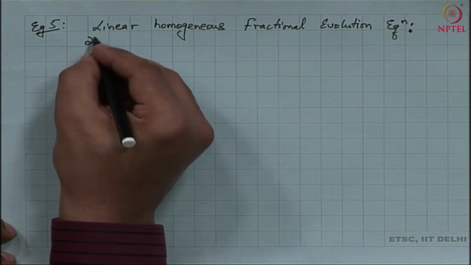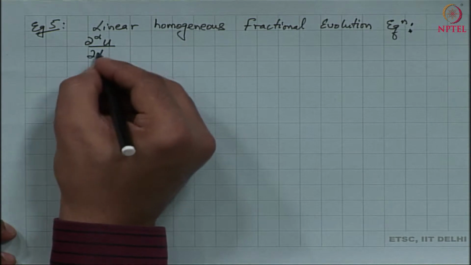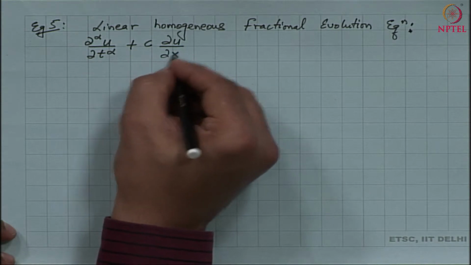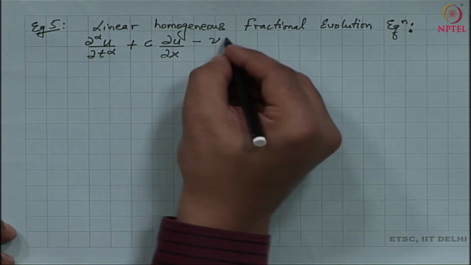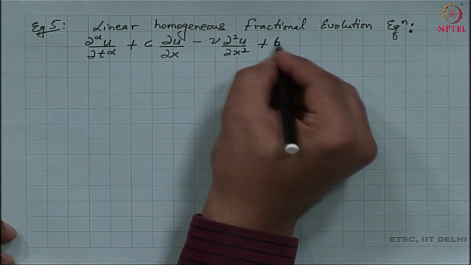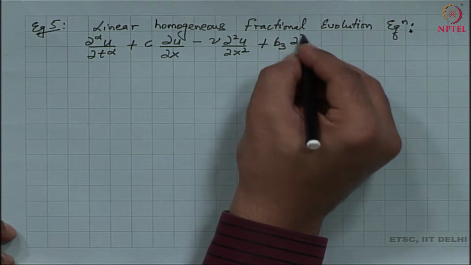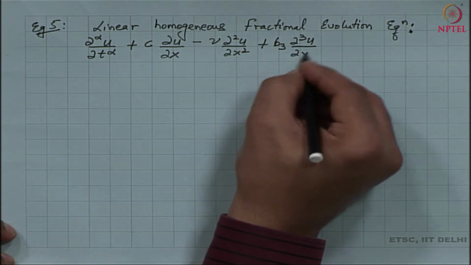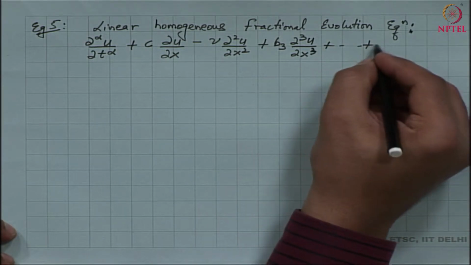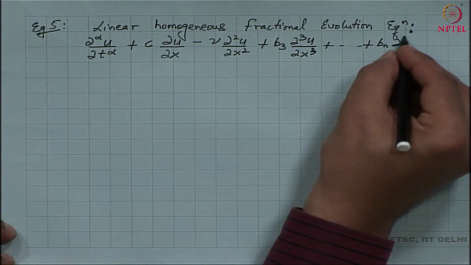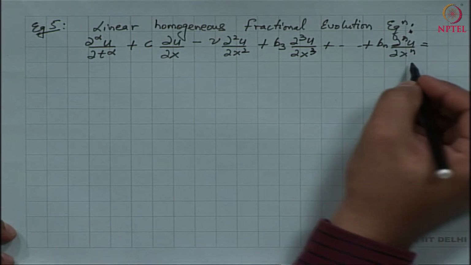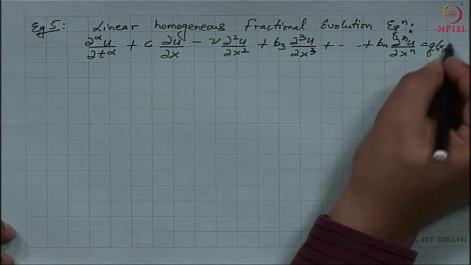So, the equation is as follows: this is the alpha-th derivative of u plus c times del u del x minus nu times del square u del x square plus b3 times, let me just include all different derivatives of u. So, third derivative and so on. Let me include the nth derivative of u, del n u by del x n, and let me call the right hand side q of x comma t.